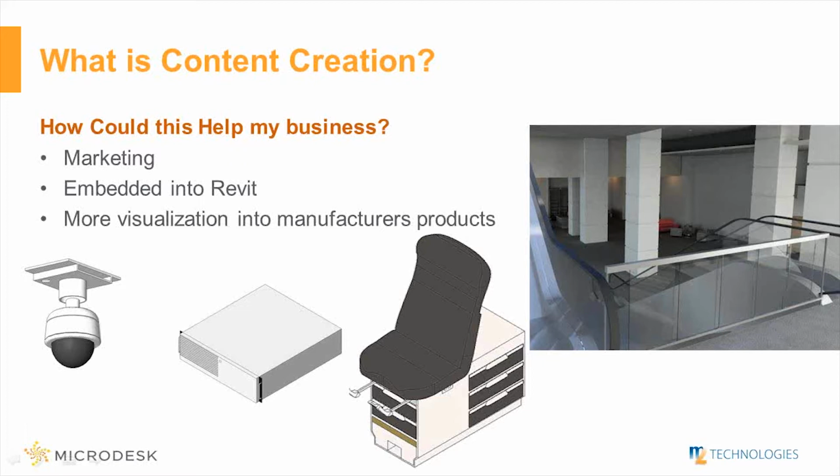So first of all, what is content creation and how can it help our business? A few different things: content creation is basically, and we're going to focus mainly on how Revit is going to be using content creation today.